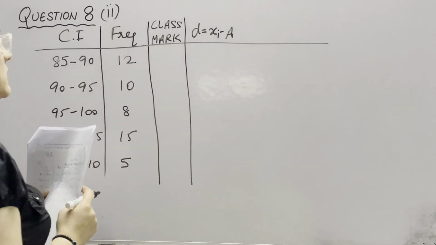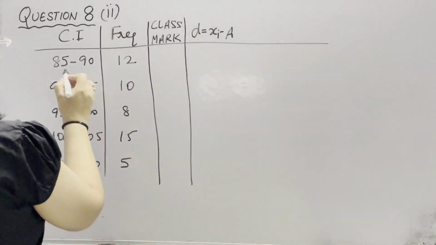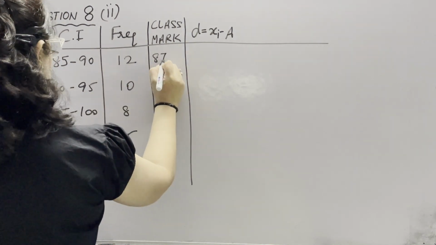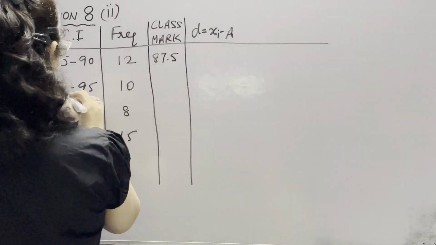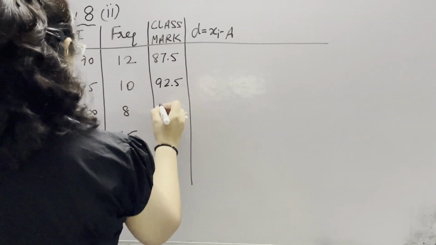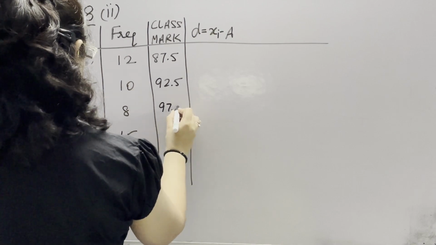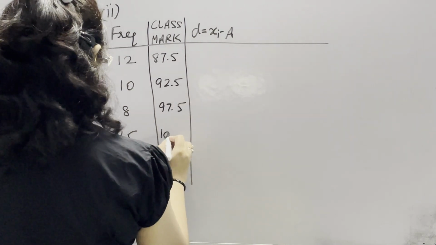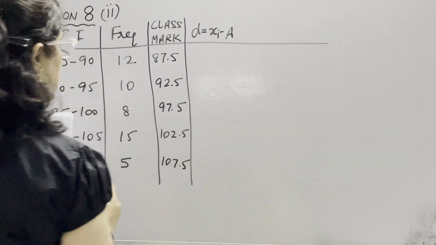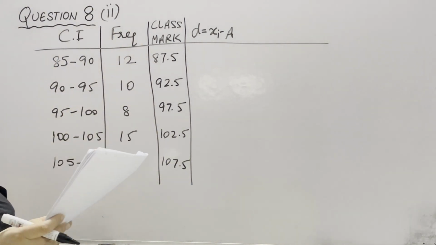Now we need to calculate the class mark. For the class mark, we add these two and divide by 2. So the value comes out to be 87.5. Then 90 and 95, it means 92.5. Then 97.5, then 102.5, and then 107.5. So these are the class marks.